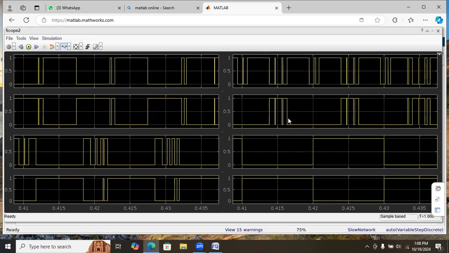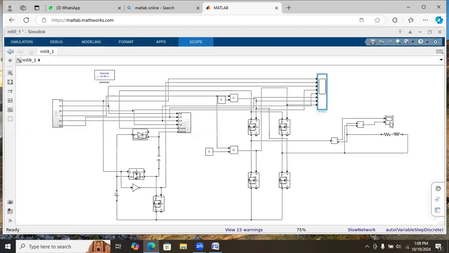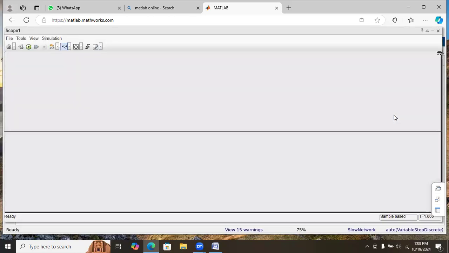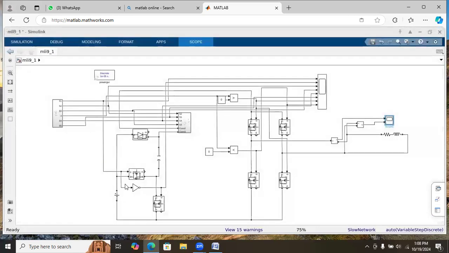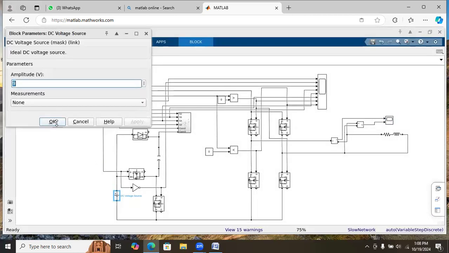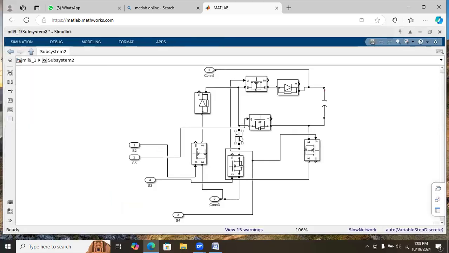The first 6 pulses will be for level generation. The last 2 pulses will be for polarity generation. And here the input we are providing is 9 volt, and for V2 also the same.